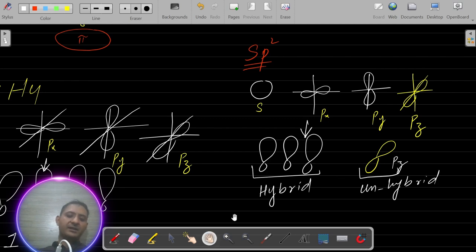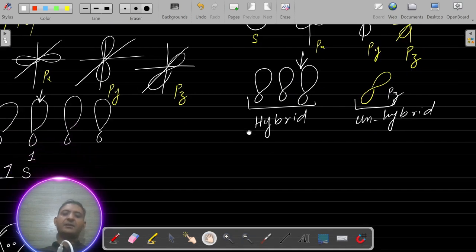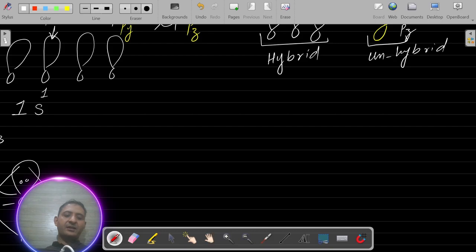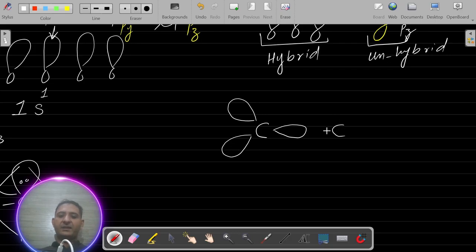For example, now let me make an example. I am drawing a carbon, and here I have a carbon. How many hybrids are there? 1, 2, and 3. So I'm drawing hybrid number 1, hybrid number 2, and hybrid number 3.